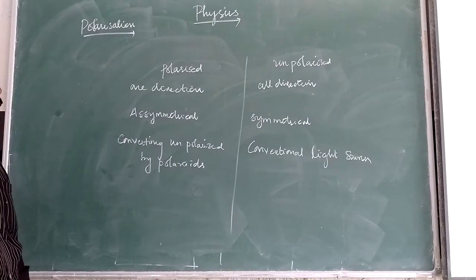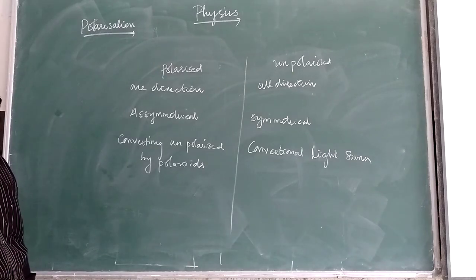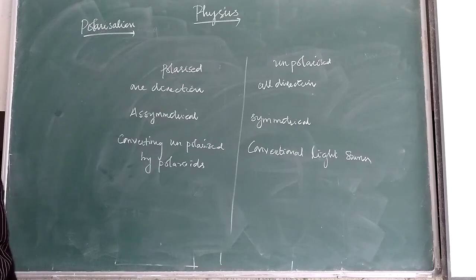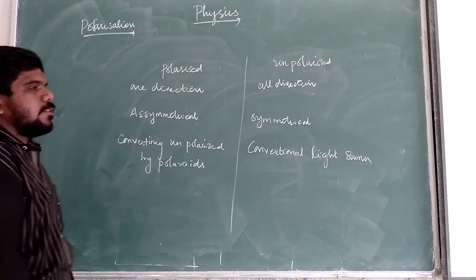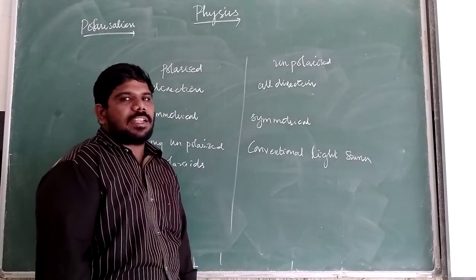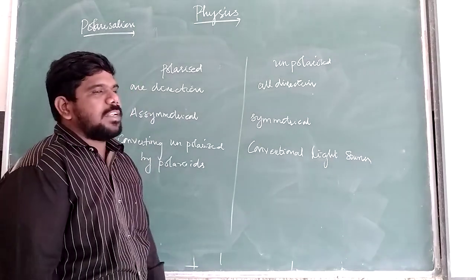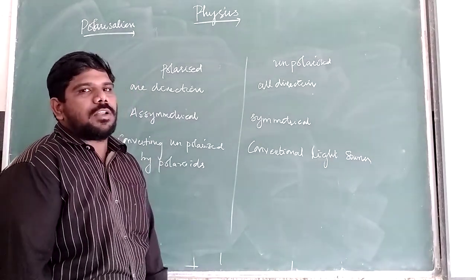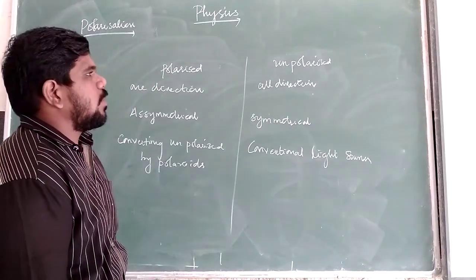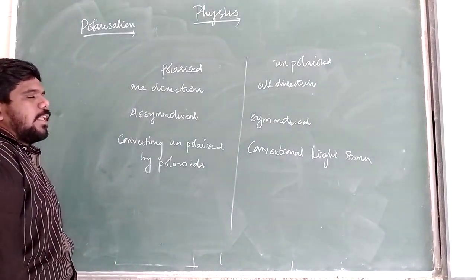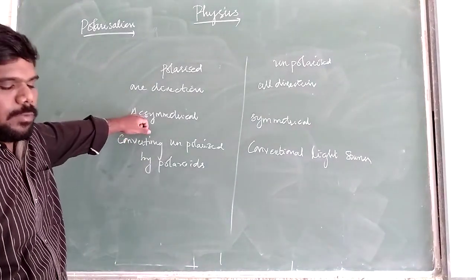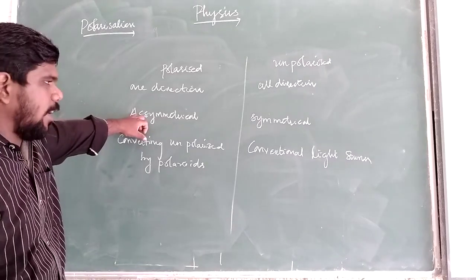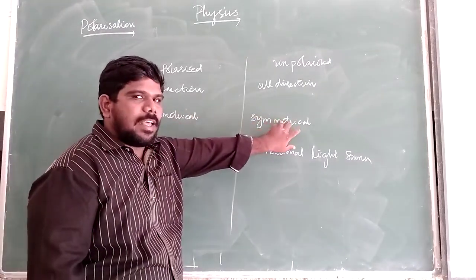Polarized light consists of waves having electric field vector and magnetic field vector vibrating in one direction perpendicular to the plane of propagation. Then what is unpolarized light? The waves consist of electric field vector and magnetic field vector vibrating in all directions perpendicular to the plane of propagation. Polarized light is asymmetrical about the ray direction, unpolarized light is symmetrical about the ray direction.